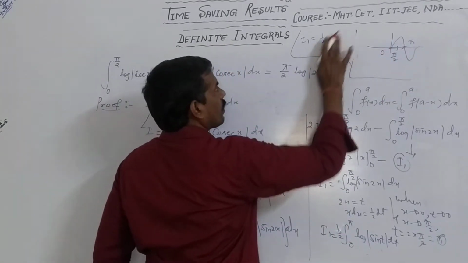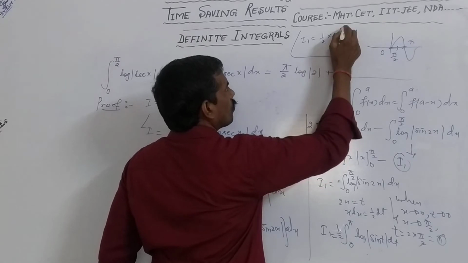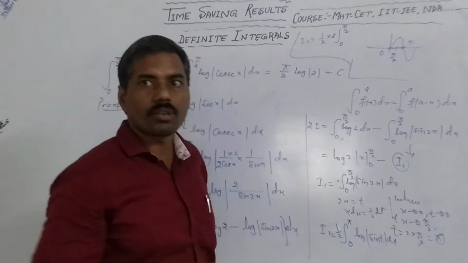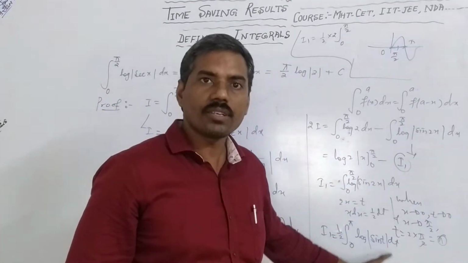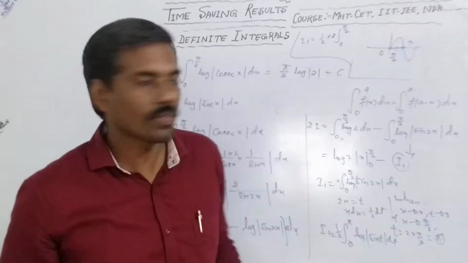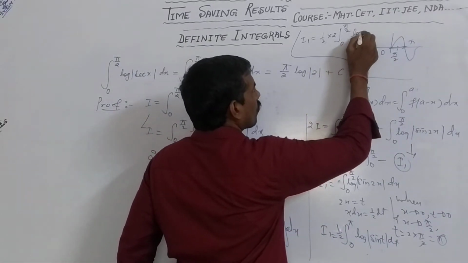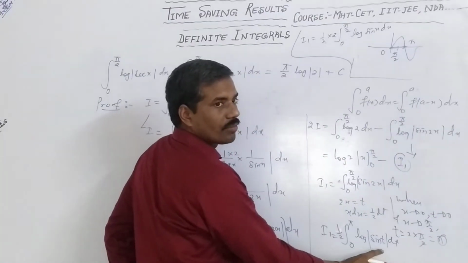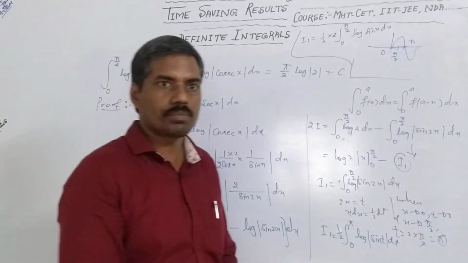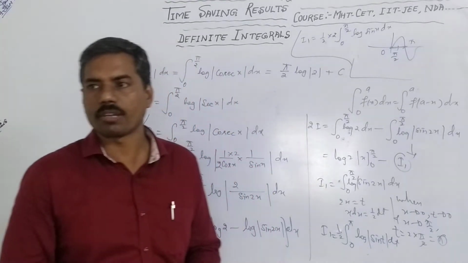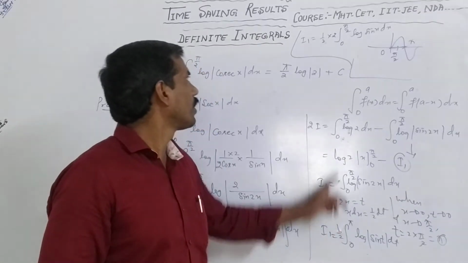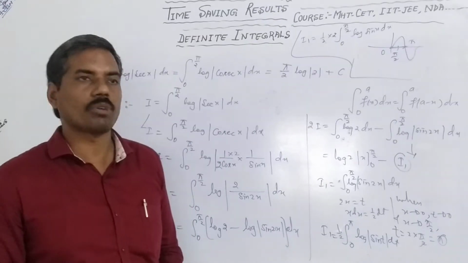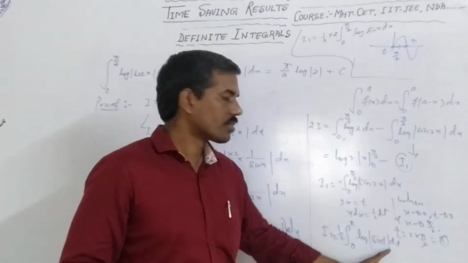So we can write it as twice the integral from 0 to pi by 2. Using the property of definite integral, the parameter t can be changed to x, so we write log of sin x dx, and 1 by 2 times twice the integral from 0 to pi by 2 of log of sin t dt.